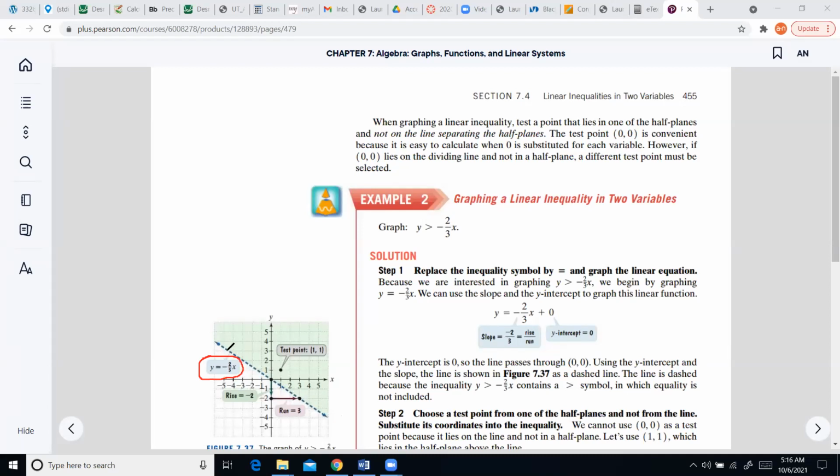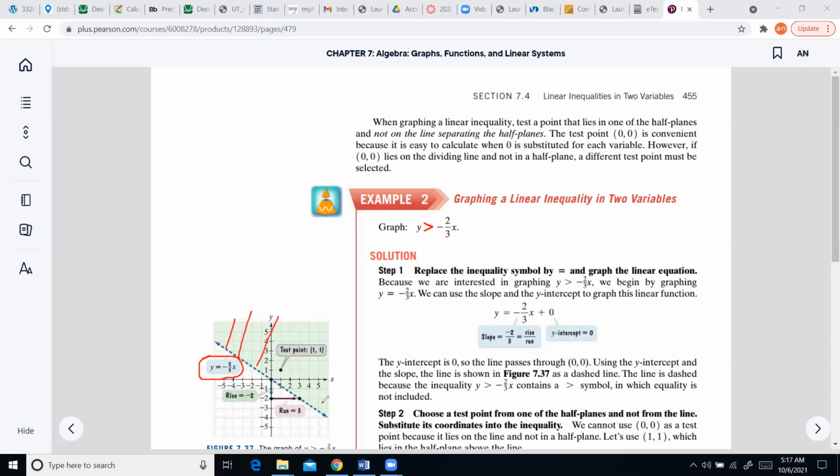So they broke this line because they don't have an equal sign, because y is greater than this negative 2/3 x. So the point of the story is you graph the equation first, and then if you don't have an equal sign, you put a broken line. And notice they highlighted the region above this line.